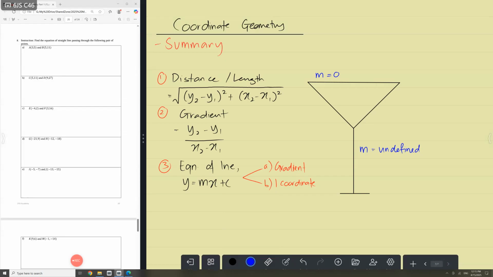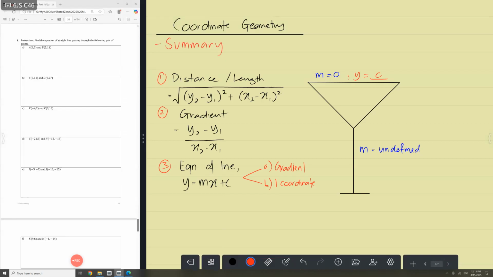That means your equation of line for a horizontal and a vertical line will be different. For any horizontal line, the equation of a straight line is always y equals a certain value, y equals c. The value of c is where this line cuts the y-axis.